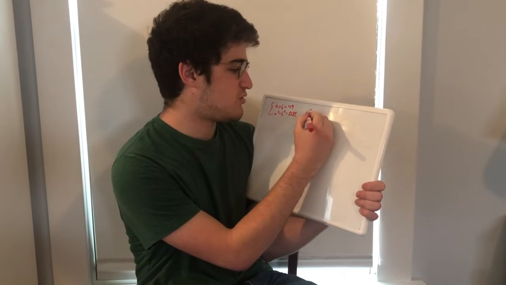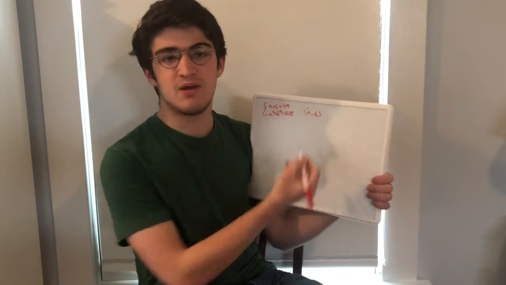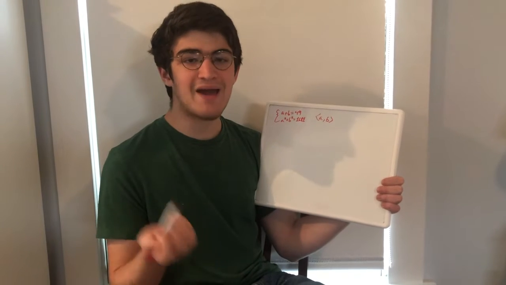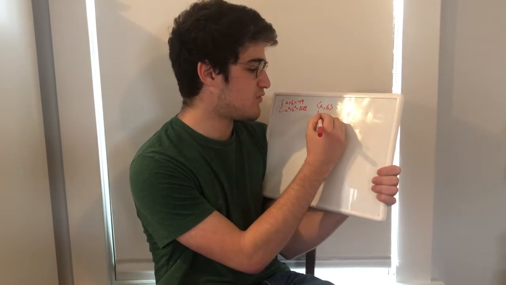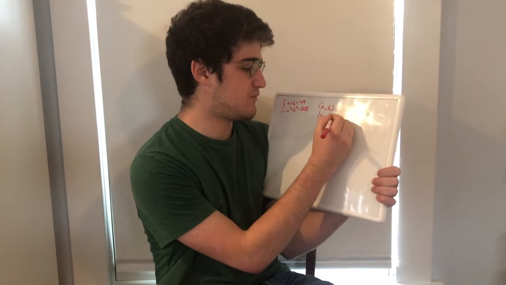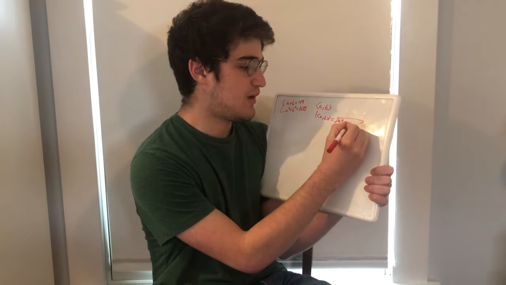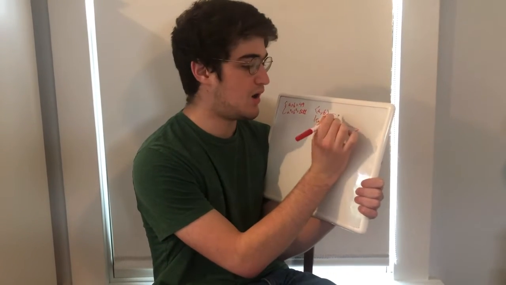Suppose we had two vectors, and one of them is a vector a comma b. Well, immediately we know that the magnitude of this vector is going to be equal to the square root of a squared plus b squared. And for the sake of clarity moving forward, we're going to call this vector r.